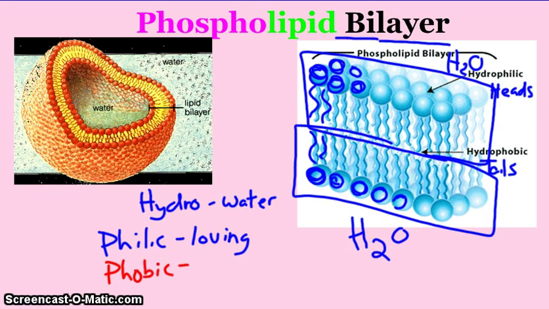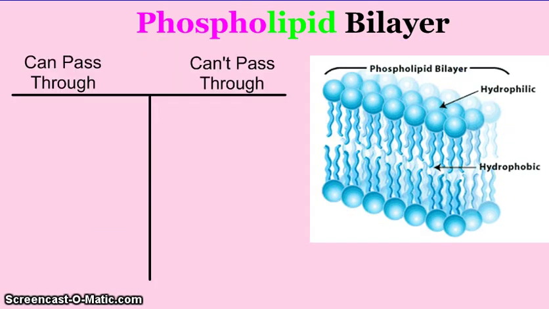You've heard the word phobic before, maybe arachnophobic, which is fear of spiders, or agoraphobic, fear of open spaces. But phobic means fear. So we have our tails here, and they point into the middle where there is no water, because they are hydrophobic. And that's how they arrange themselves in a double layer. Tails always pointing in to get away from the water, hydrophilic heads pointing out to be near the water.